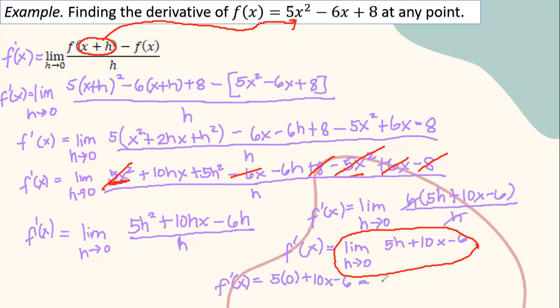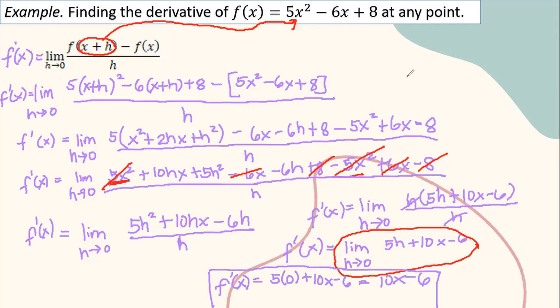That will be equal to 10x minus 6. Okay? And finally, we got the derivative of our function at any given point.